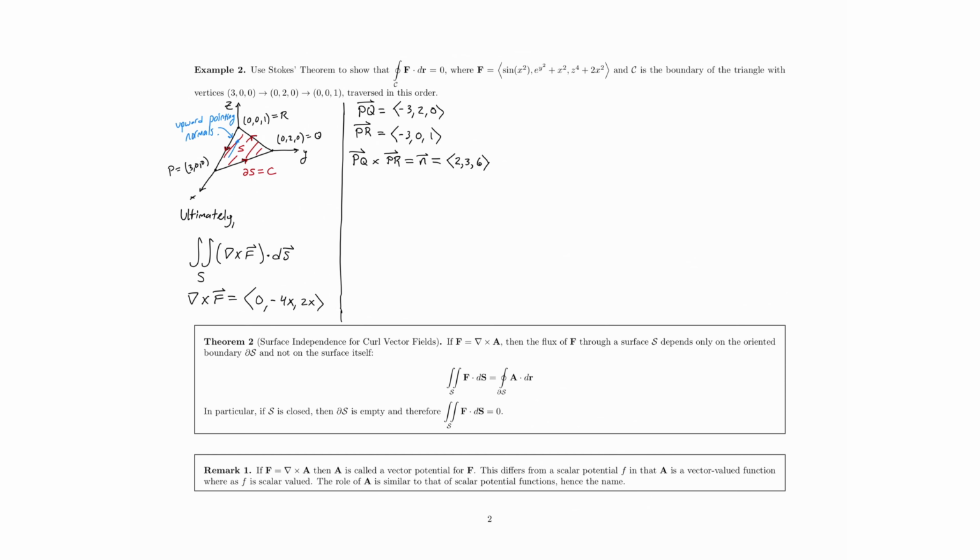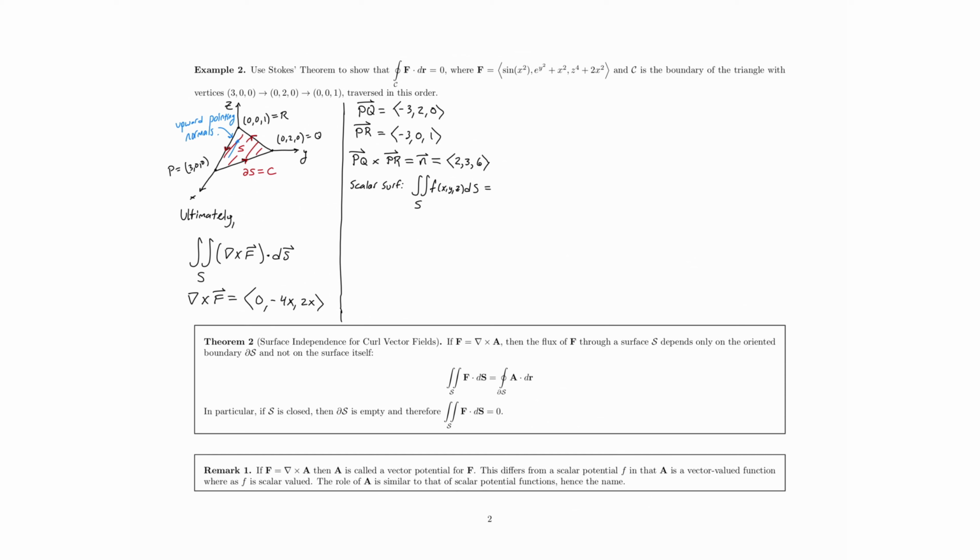That will save a lot of time, but it is dependent upon your understanding and knowledge of the definition of a vector surface integral. So remember that a scalar surface integral was of the form double integral over S of some scalar function, ds.